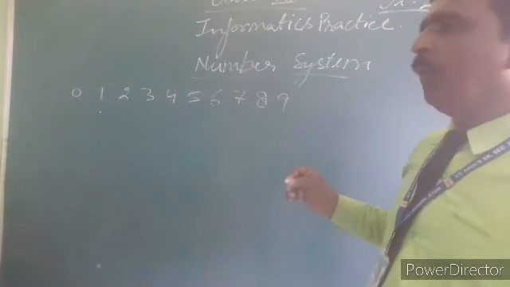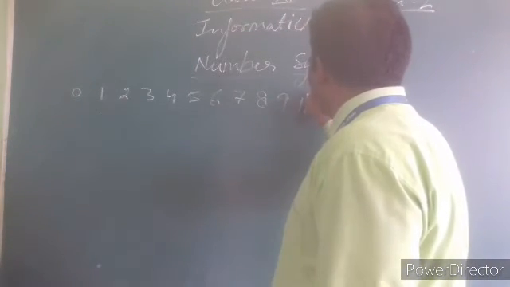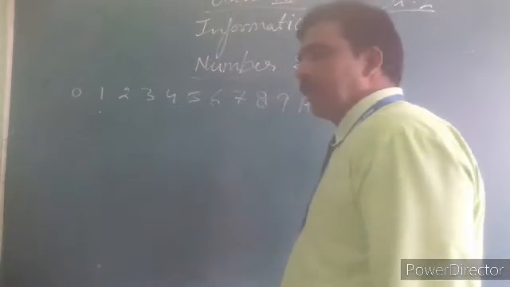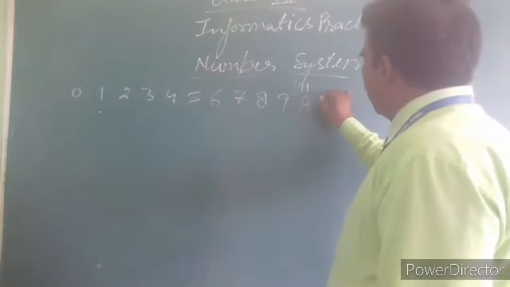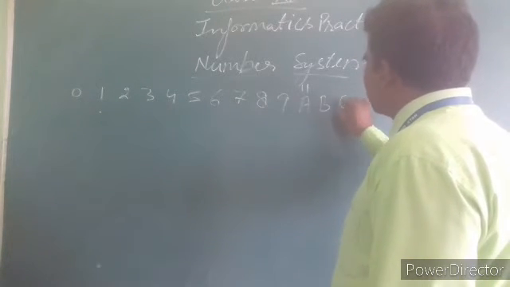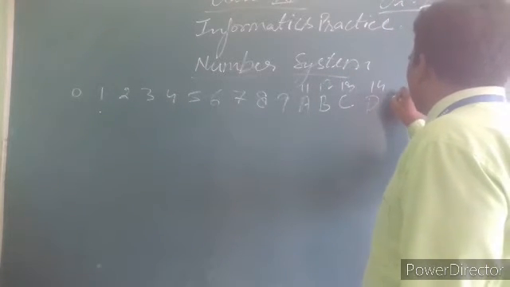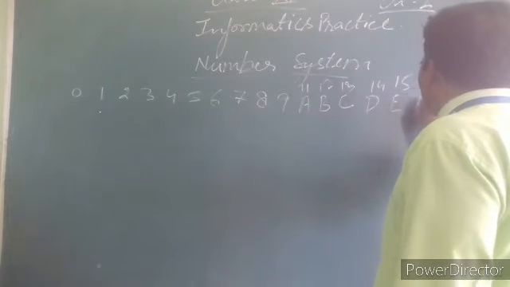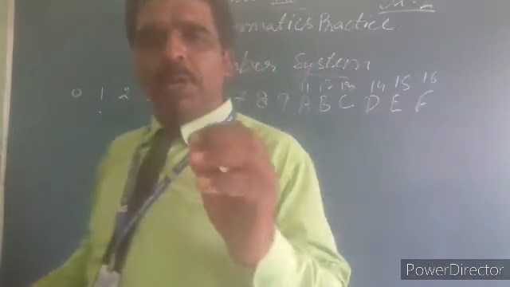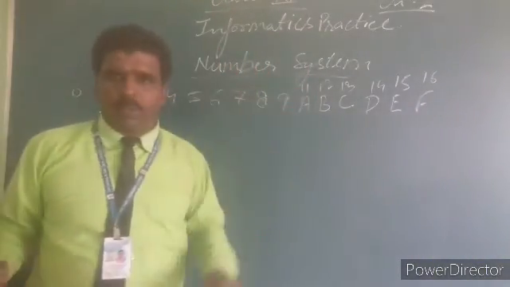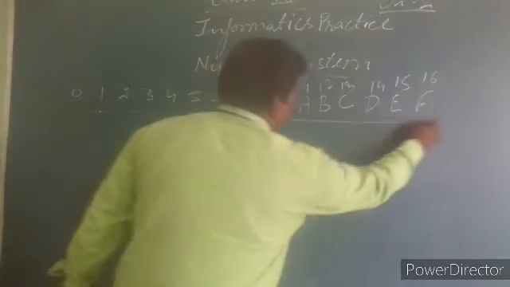After that, if you are writing 11, for 11 you can write A. For 12 write B, C, D, for 13, 14, 15, and the last is F, that is 16. So hexadecimal numbers will be written in this form.